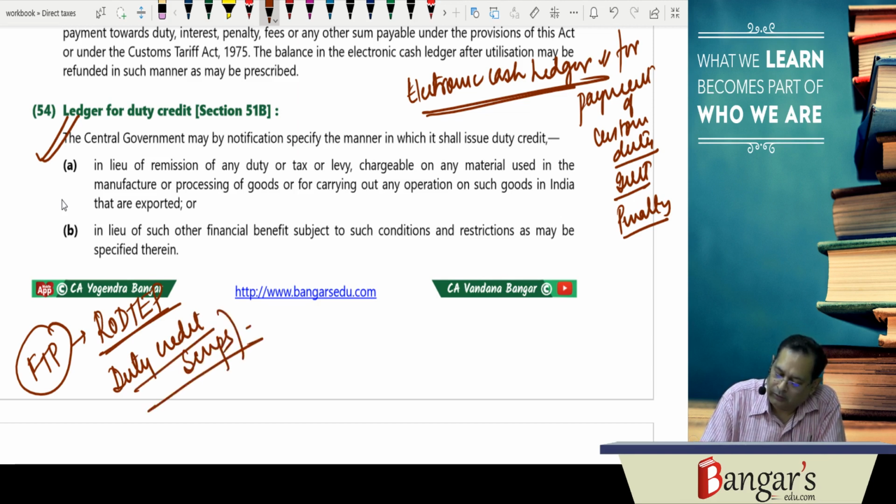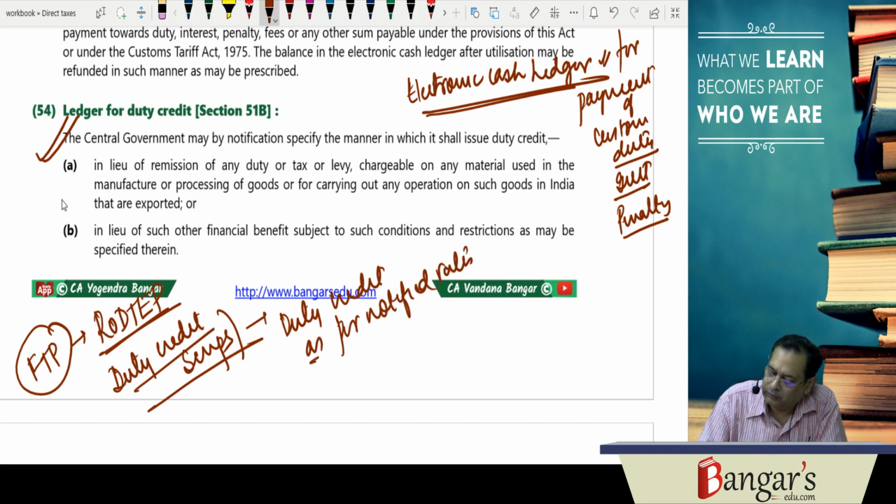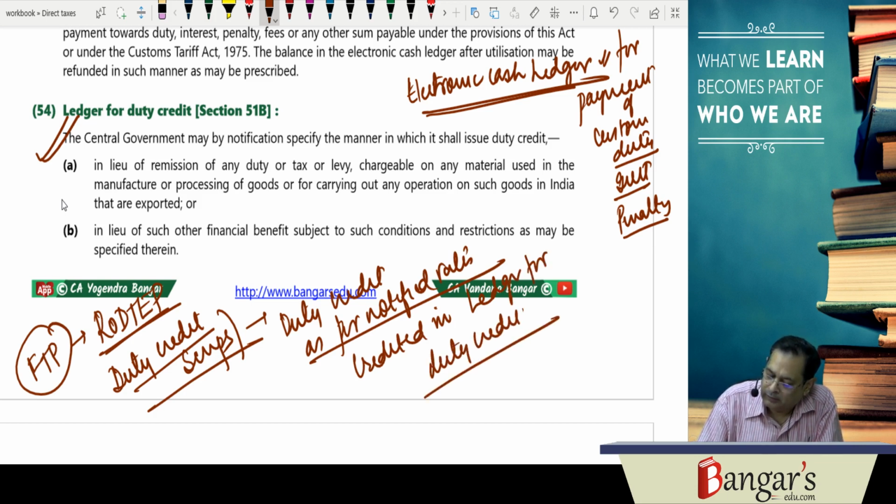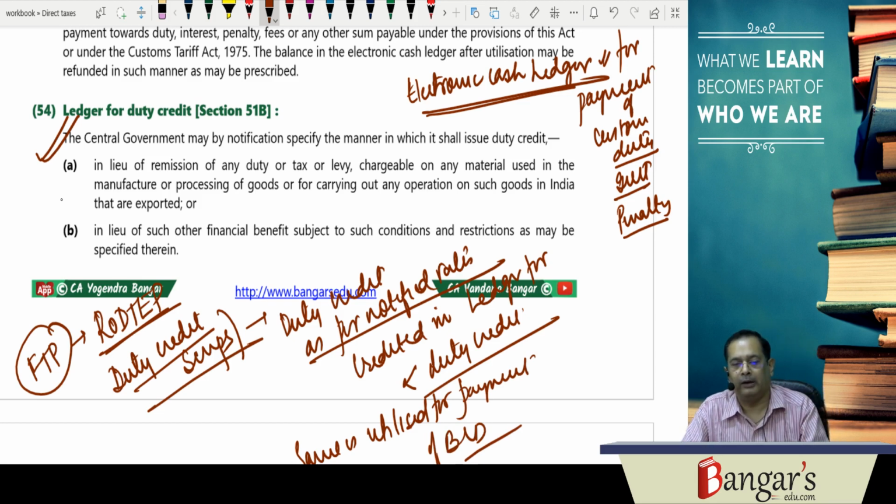We get duty credit as per the notified rates, which is credited in the ledger for duty credit, and when the same is utilized for payment of basic custom duty, necessary debit will be made. Okay.